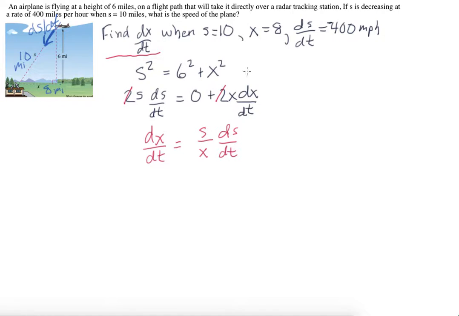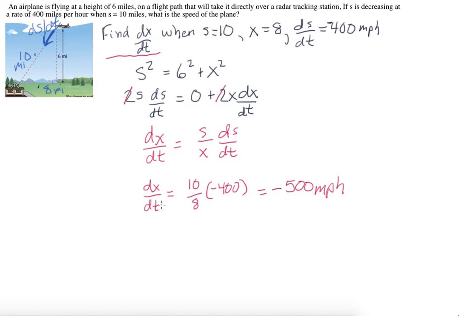And so now we can substitute the information that we have for our condition. At this moment in time, the rate of change of the distance x, which is the speed of the plane, is given by 10 over 8 times negative 400, which is equal to negative 500 miles per hour.